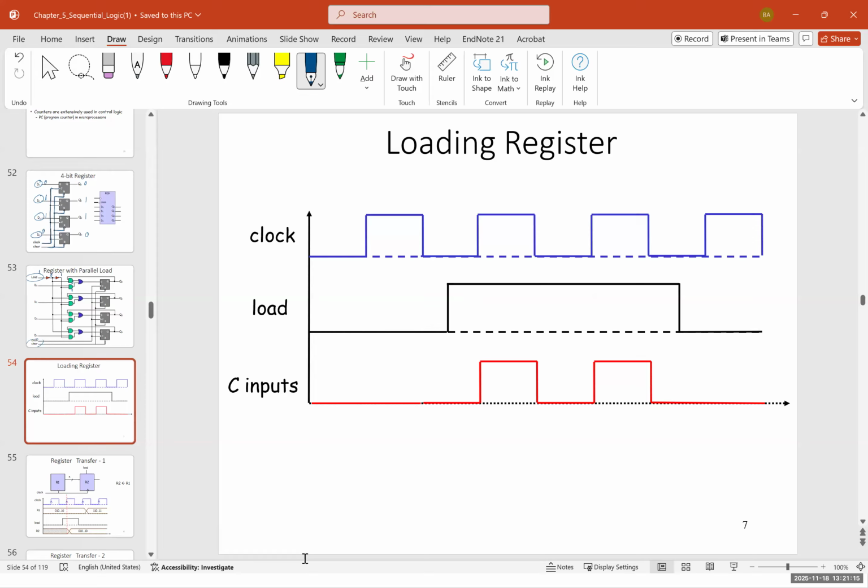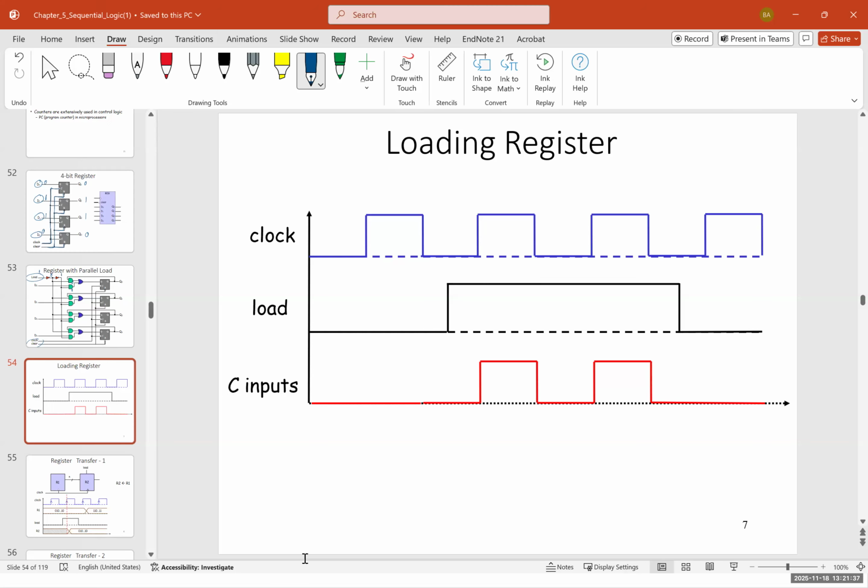You can see that the clock is changing, but the C input is not changing at all. Why? Because the C input is connected here to the load. And without having any load signal coming in, we don't have any C input going in.